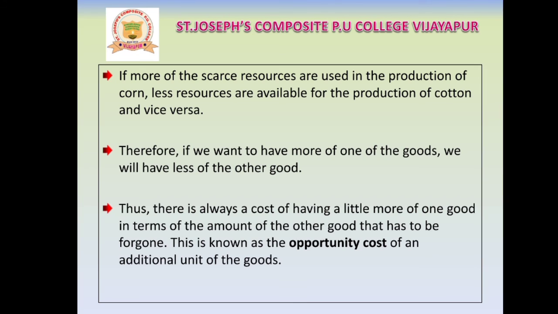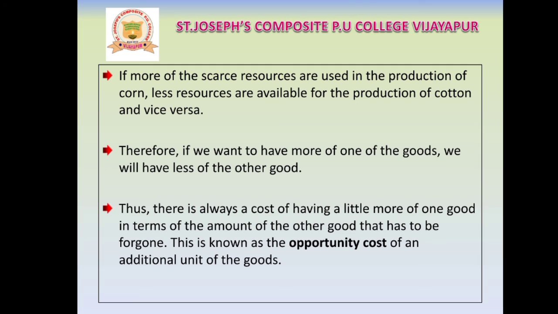What is opportunity cost? It is the next best alternative foregone. That means in order to get more output from one commodity, we have to sacrifice another commodity, because to get an additional benefit from one product, we have to neglect another.